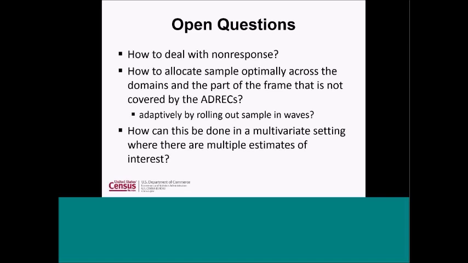And since I work for the Center for Adaptive Design, I have to think about this adaptively as well. There's some stuff we've looked at in other settings, in the adaptive clinical trial literature.